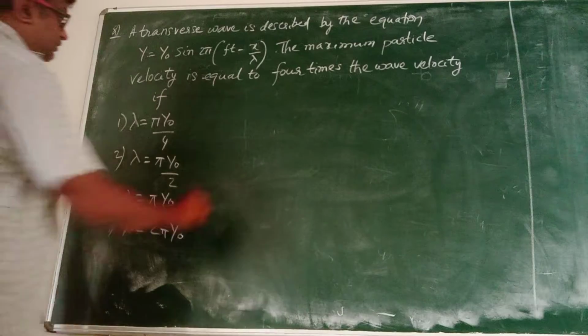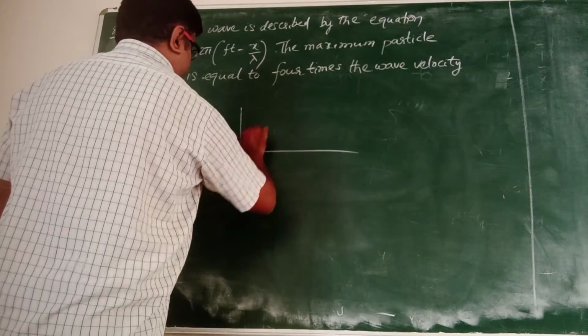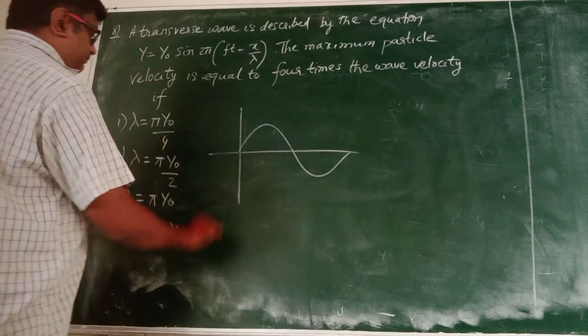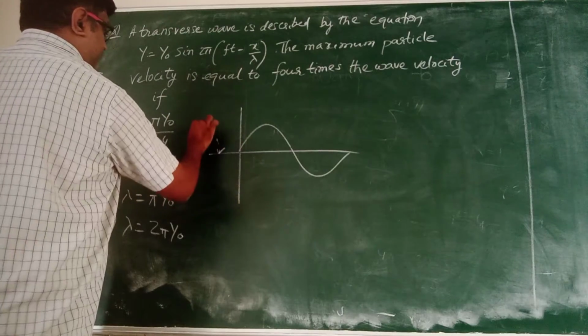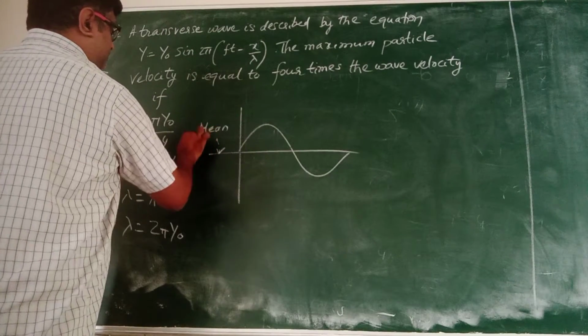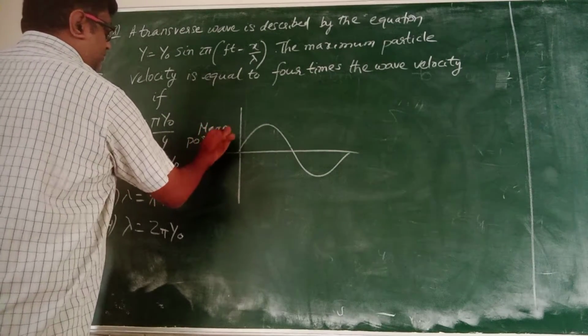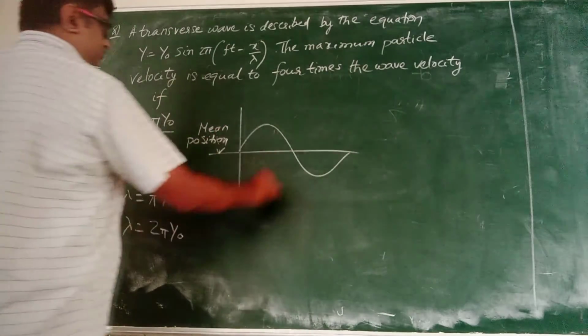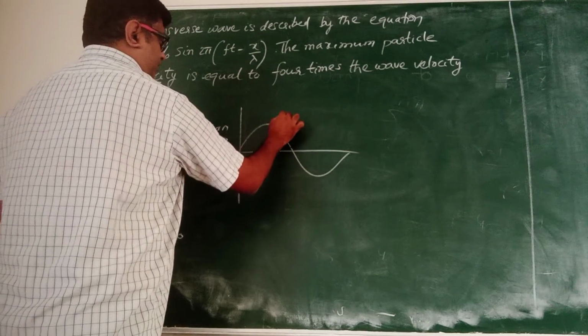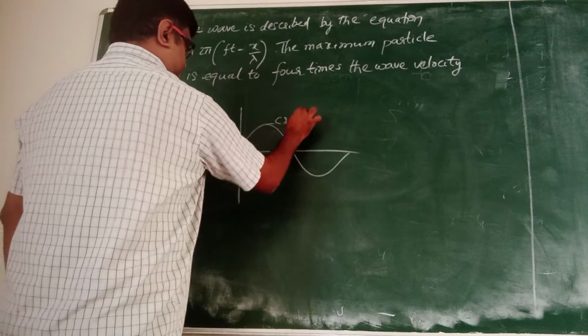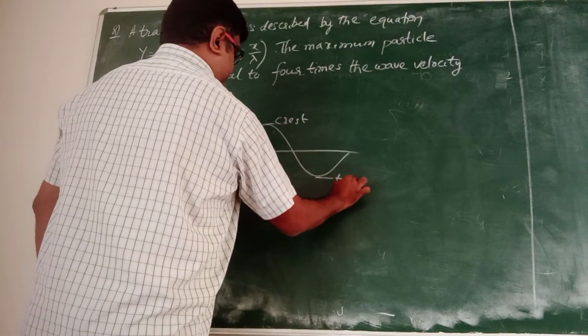Now, see, this is a wave. Alright. So this we said is the mean position. And this is the highest point, crest. This is trough.